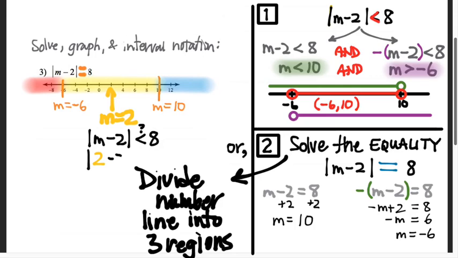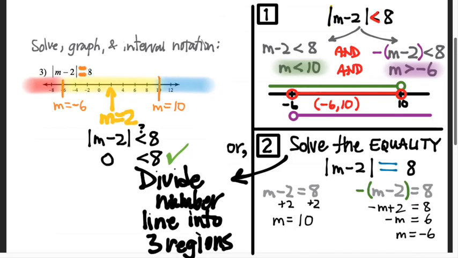What is the absolute value of 2 minus 2? What is 2 minus 2? And what's the absolute value of 0? It's 0. Is 0 less than 8? Absolutely.